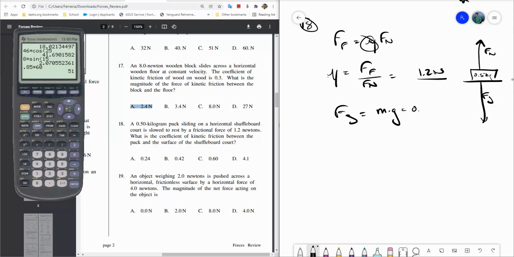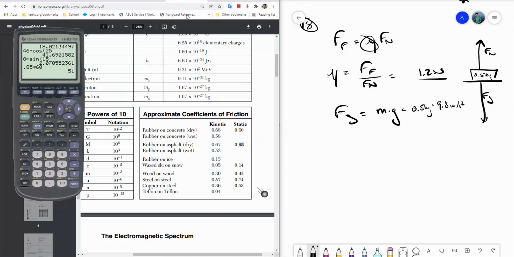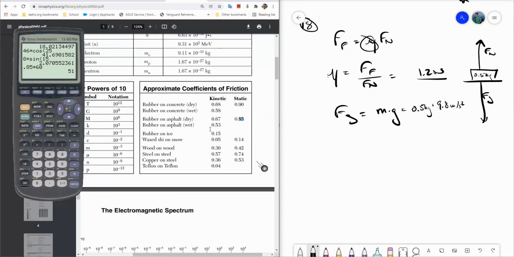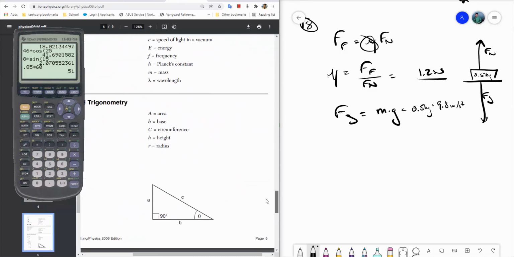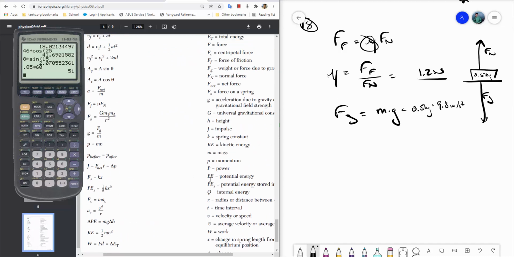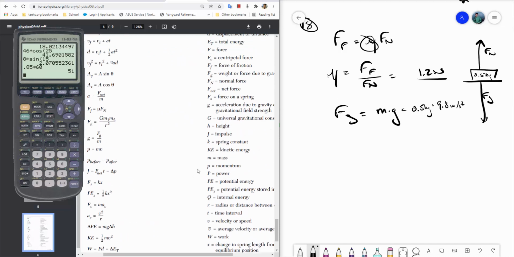The mass is 0.5 kg. Gravity is 9.81 meters per second squared. Again, all these things are in your reference table. You can manipulate this equation down here, where it reads gravity is equal to the force of gravity divided by mass.